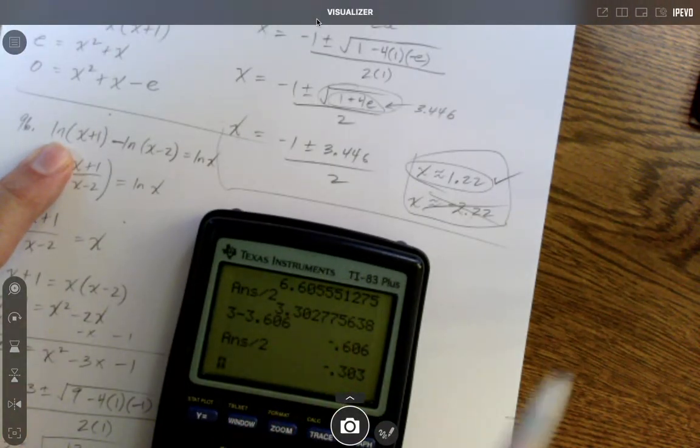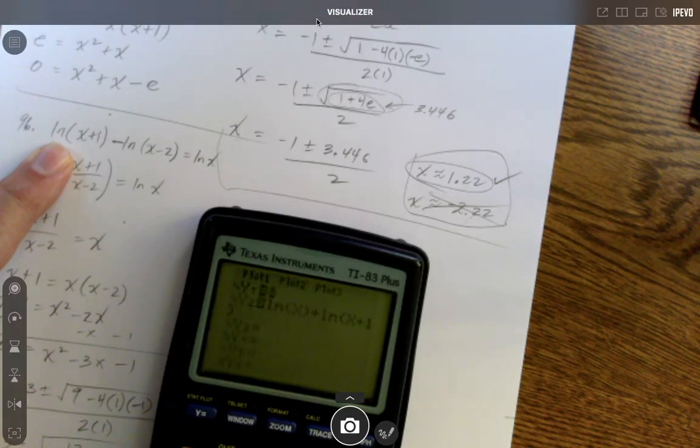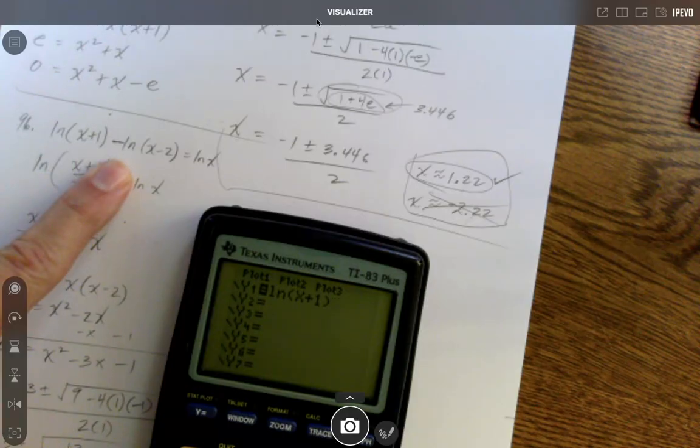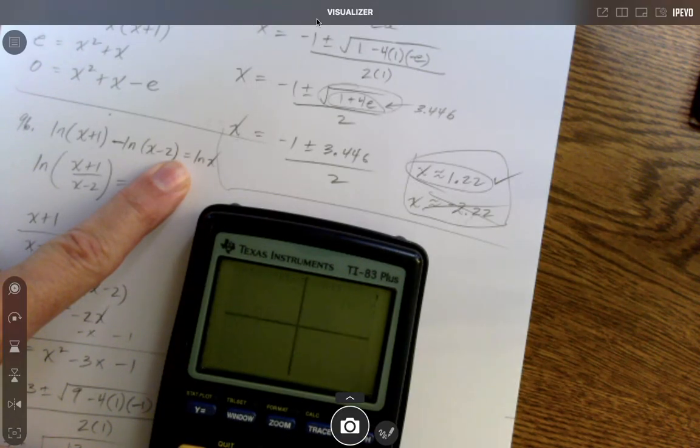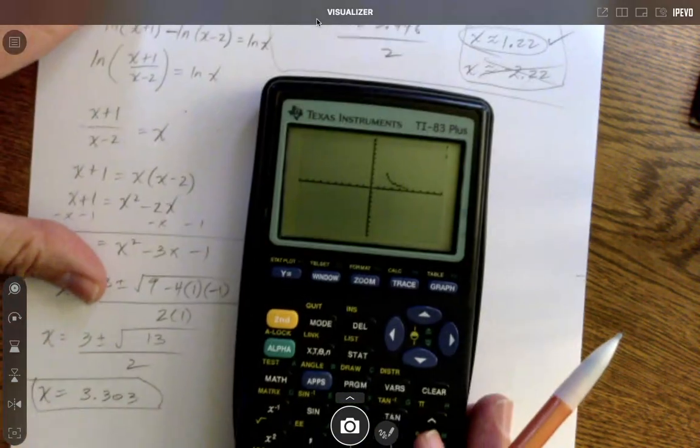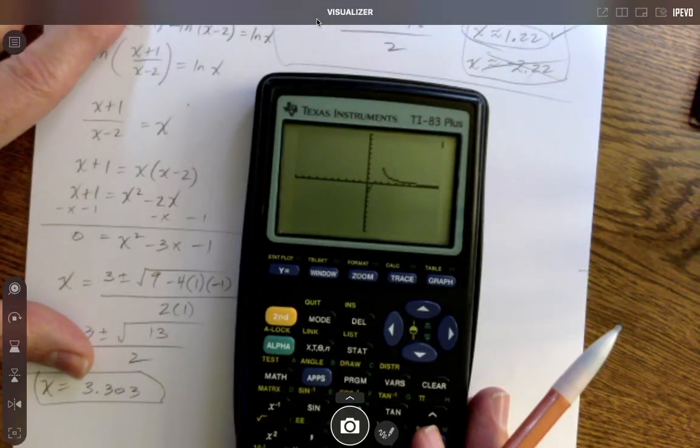So let's graph it and see if it works. Natural log x plus 1 minus natural log x minus 2, and then also natural log of x. You should cross at 3.3.